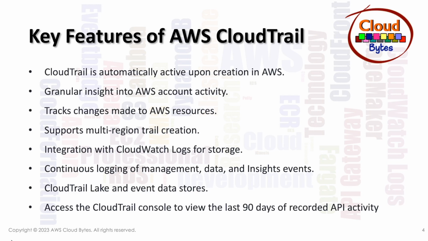Now, access to the CloudTrail console, as I mentioned in the starting of the video, stores all the events that happened for 90 days in the recorded API activity. So you have this information. The way we are doing it, we are streaming all this data to external log aggregators.